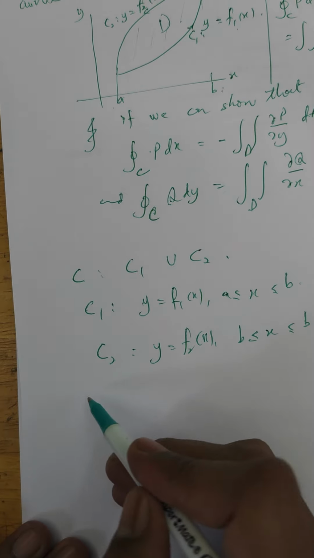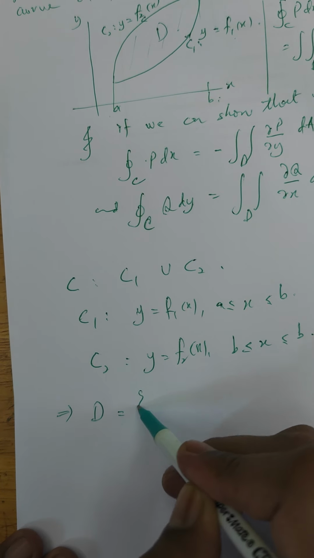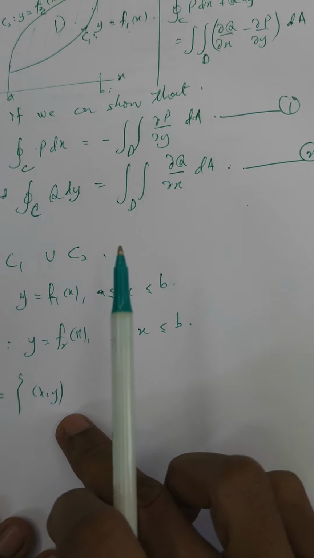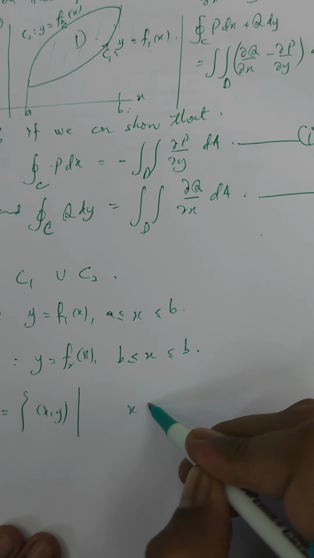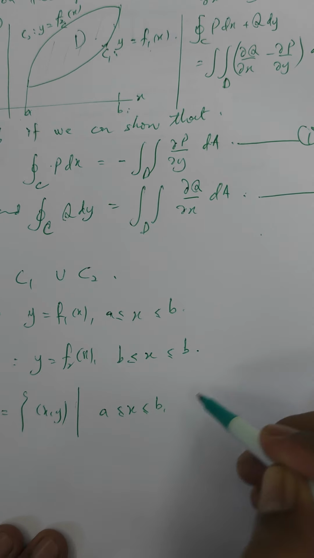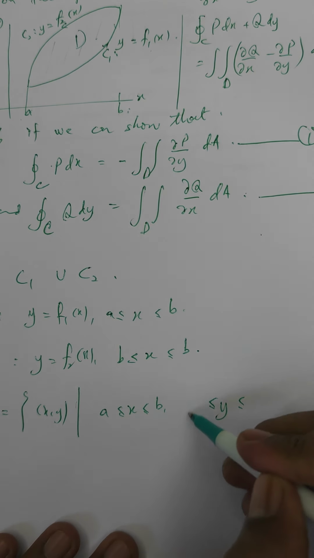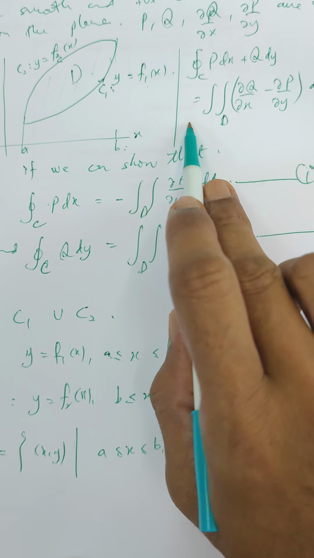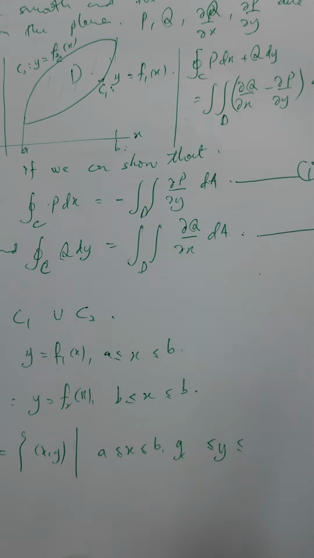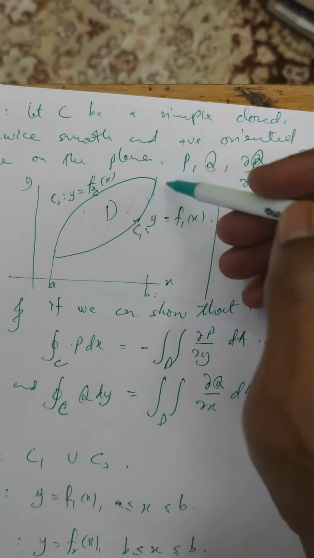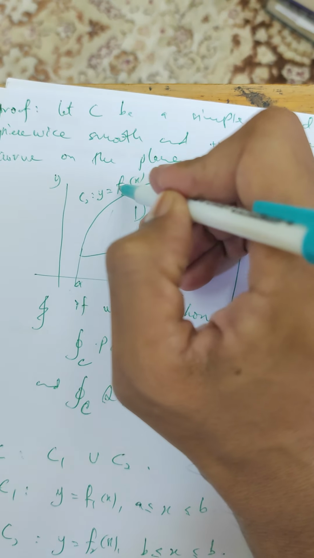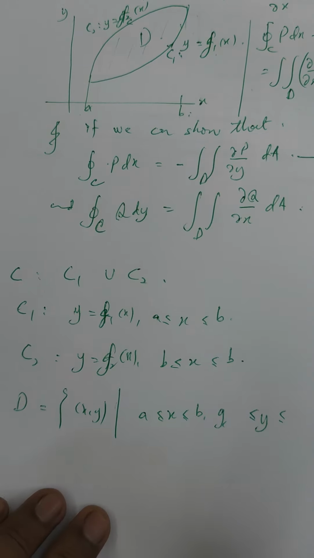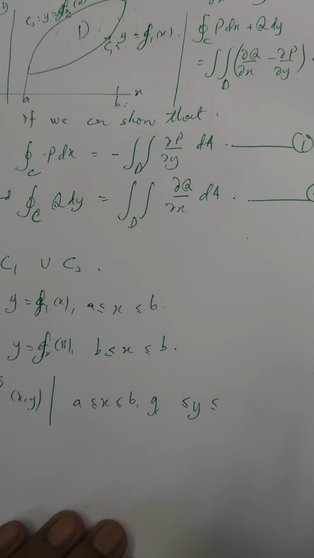So our region D is given as all points (x, y), where x is between A and B and y is between G1(x) and G2(x). I used F, so just a minute, I change this to G, just to align with my notes.